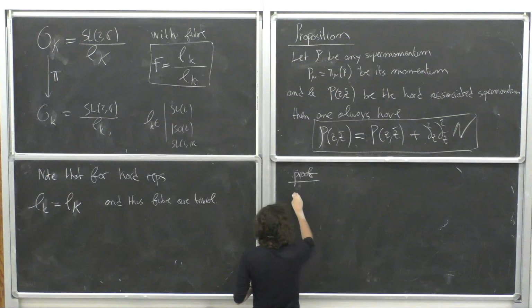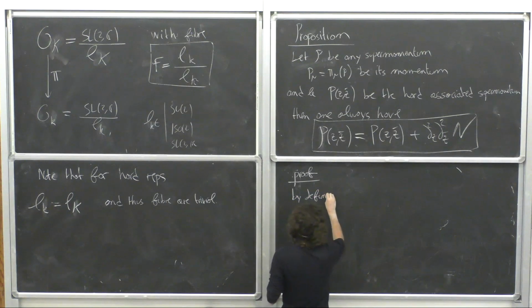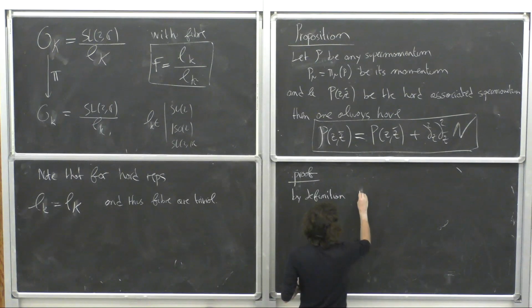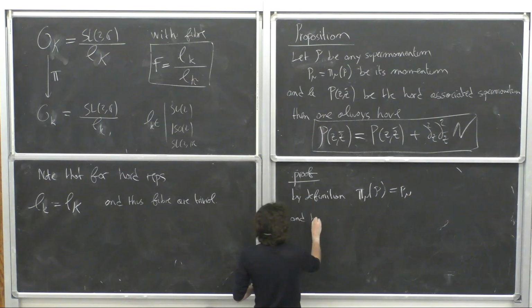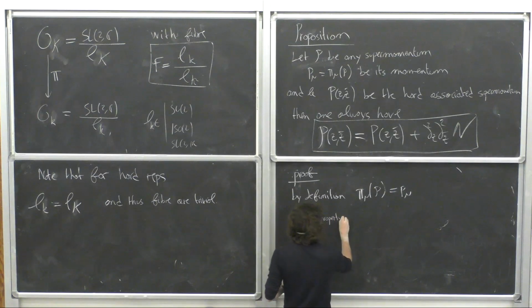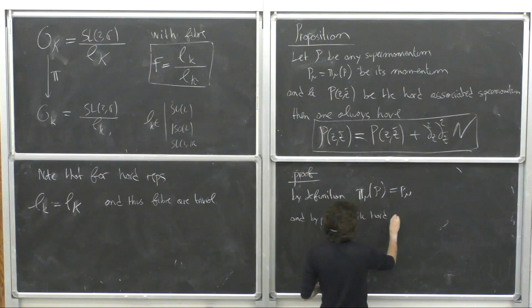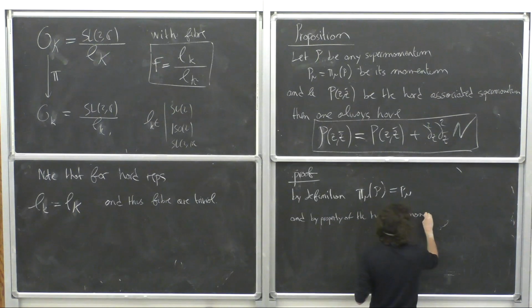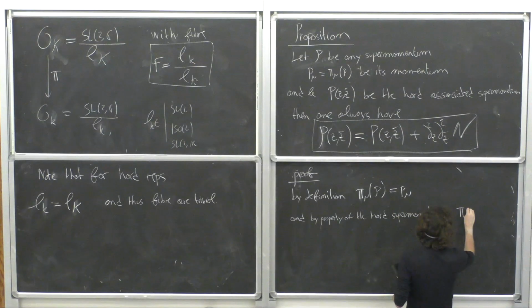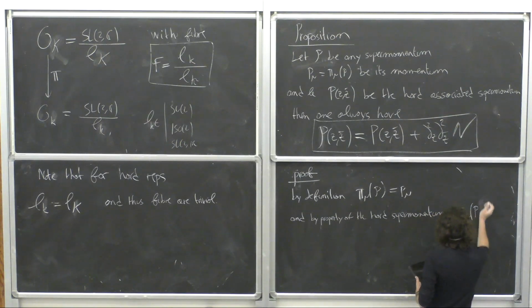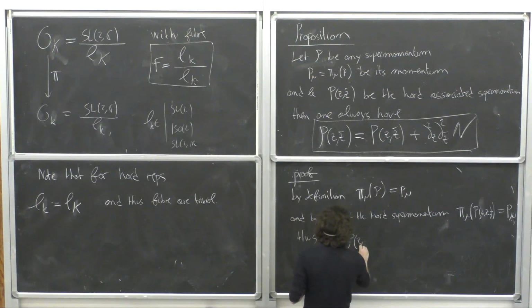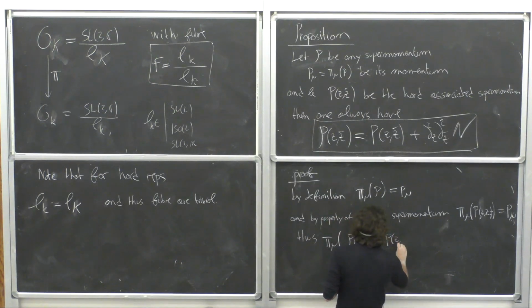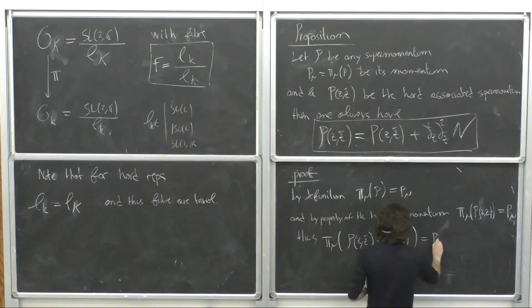with the different result that I explained. So, by definition, we have P mu of curly P equal P, and by property of hard rep, P mu of P z bar equal P mu, thus P mu of curly P d z bar minus P d z bar equals P mu minus P mu equals 0.